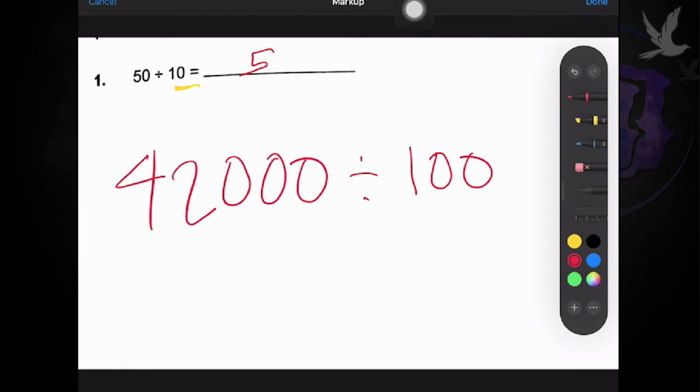All we have to do here is cancel the number of zeros that we have in our divisor first, which is 1, 2. So in this case, all you have to do is cancel two zeros as well from our dividend, which is 42,000, 1, 2, which leaves us with only 420.